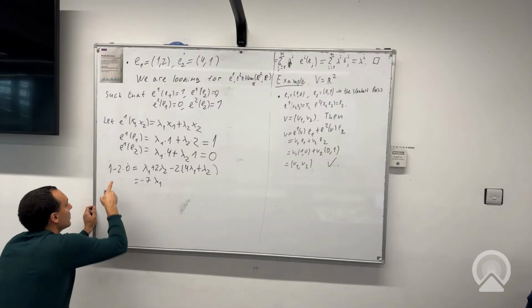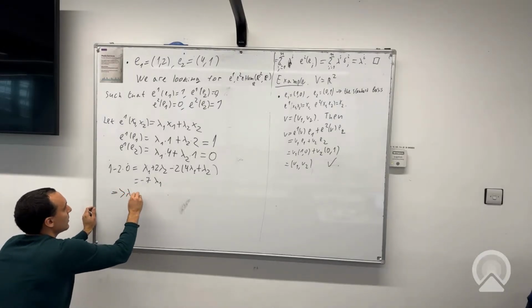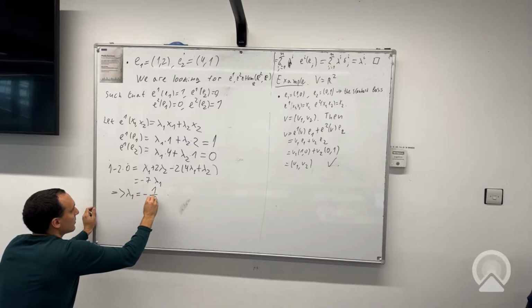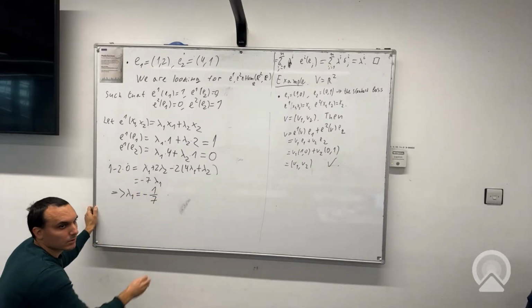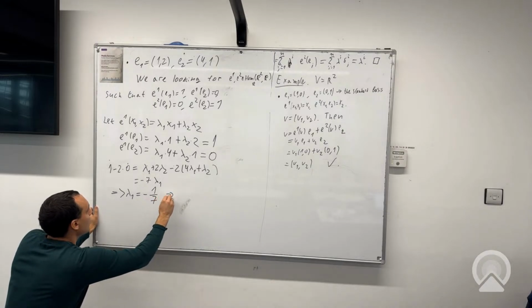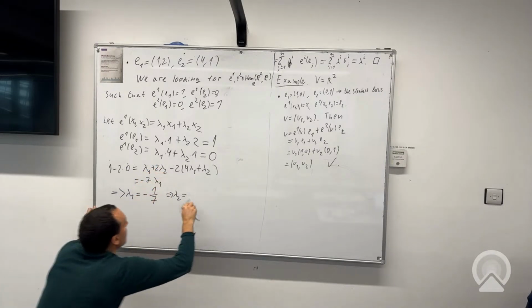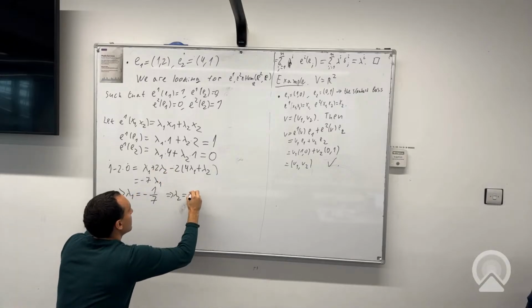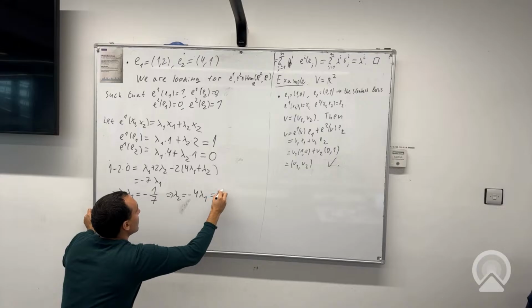And so lambda 1 equals minus 1 over 7. Is it right? I think so. And so lambda 2 is minus 4 lambda 1 from the second equation. So this is minus 4/7, sorry, plus 4/7.